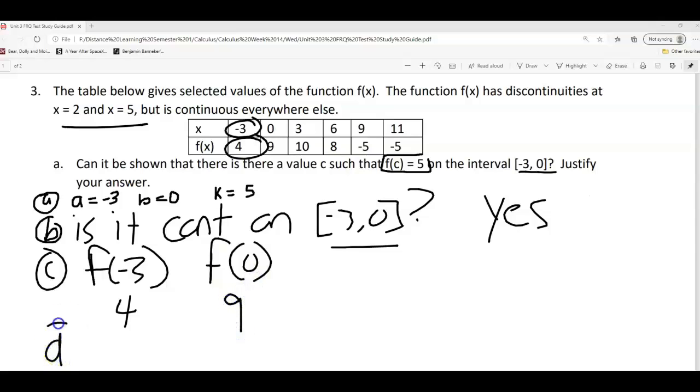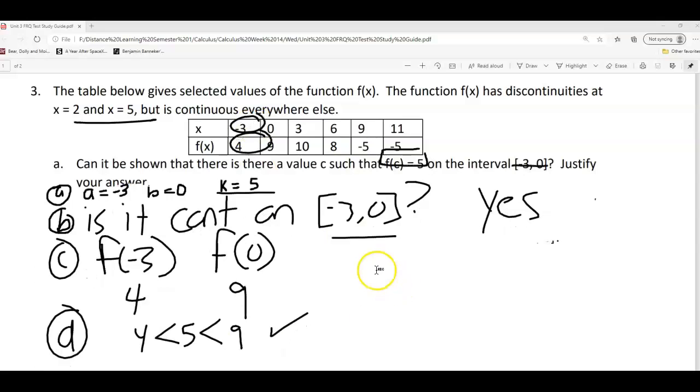And then part D is we just want to make sure that our k value is actually in between those. And sure enough, 5 is in between those two things. So we're good to go. Now we're ready to write out our little statement that we like to say. And here's how it goes.